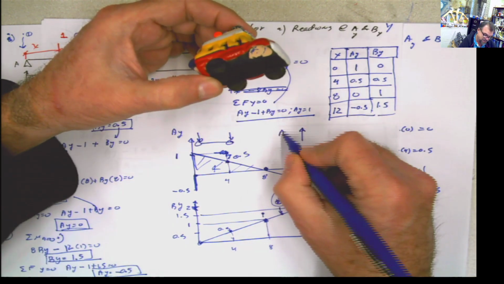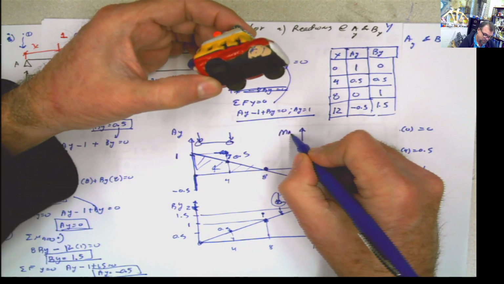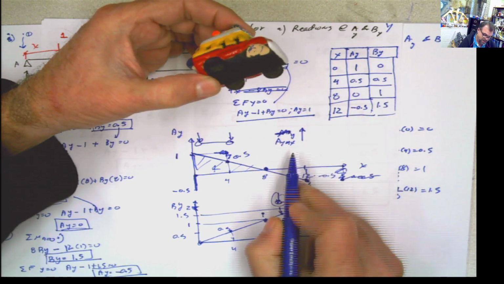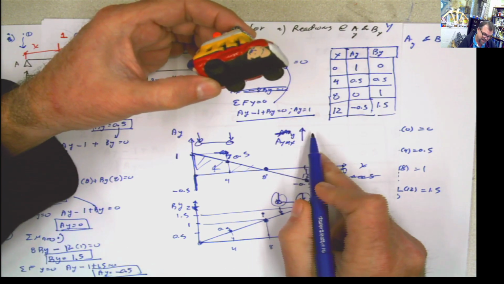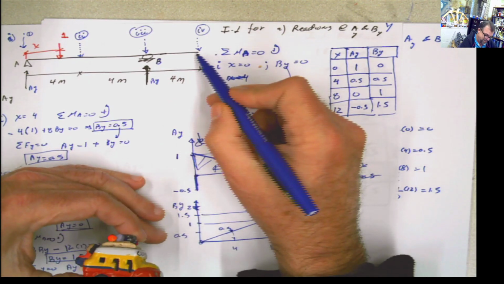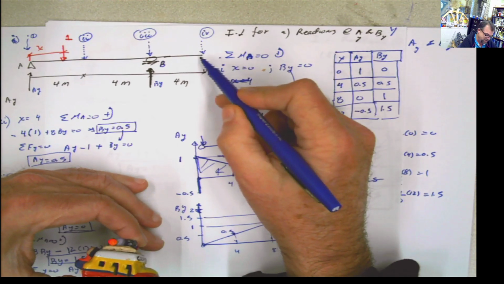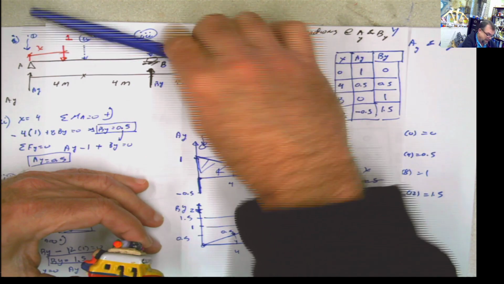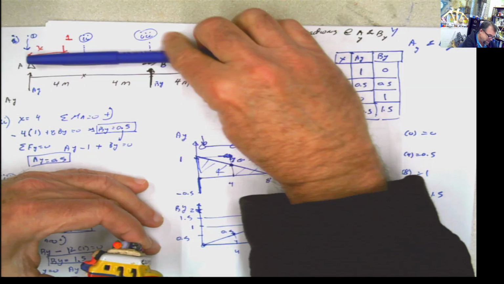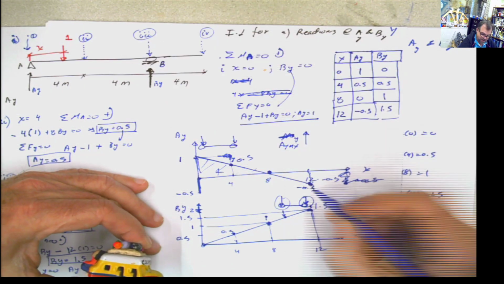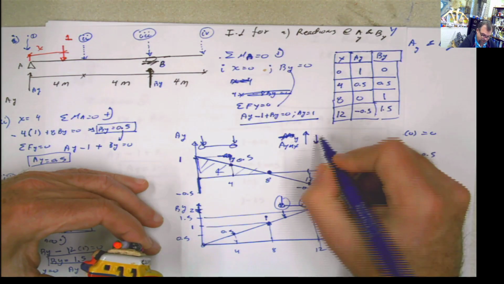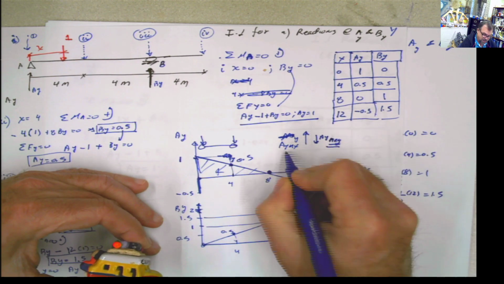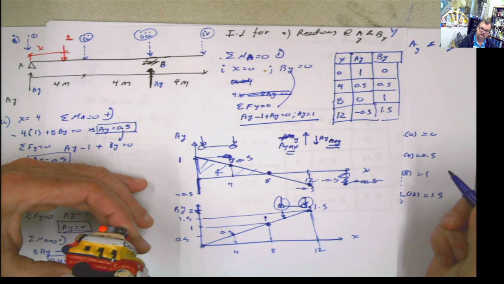You're going to have a maximum reaction in Y, AY max, when AY is acting in this direction. But if the vehicle is at this location here, I have to hold it somehow, because otherwise this is going to go unstable in that direction, and we're going to have also a negative value for AY, which I call maximum positive or maximum negative.